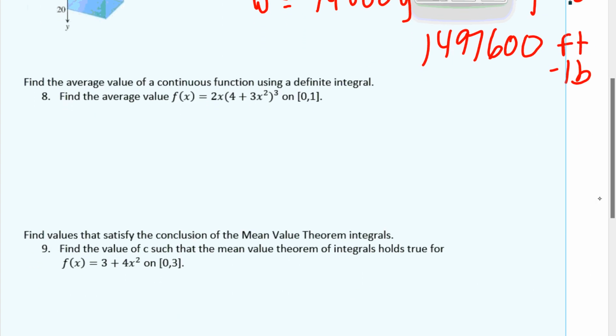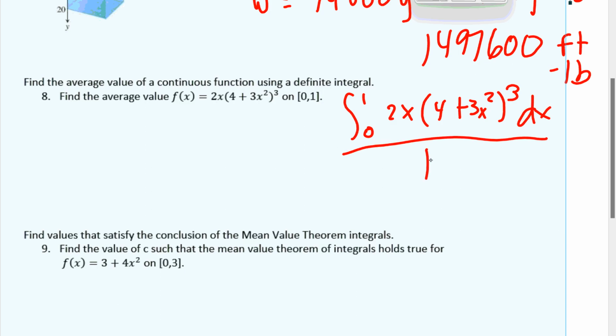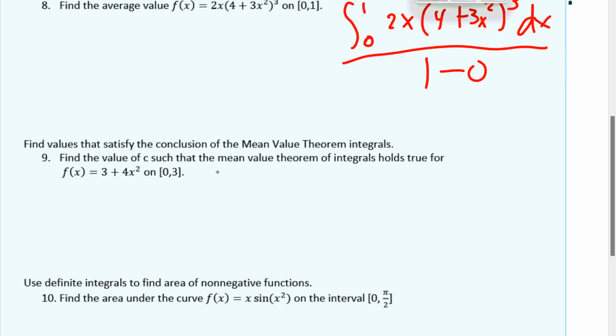Going through this, really I want to find the integral from a to b of this function. So I'm going to have to use substitution here. And then once I find that definite integral, I'm going to divide by b minus a. This problem is the same thing.